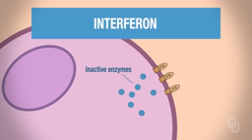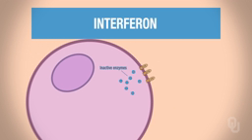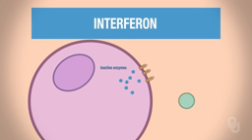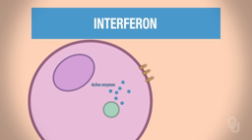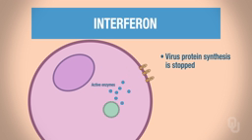Because what these enzymes will do once they become activated is they will break down viral messenger RNA and they'll inhibit protein synthesis. Now, here comes our virus. It invades this cell. So those inactive enzymes are now active enzymes. We're going to stop protein synthesis of the virus.